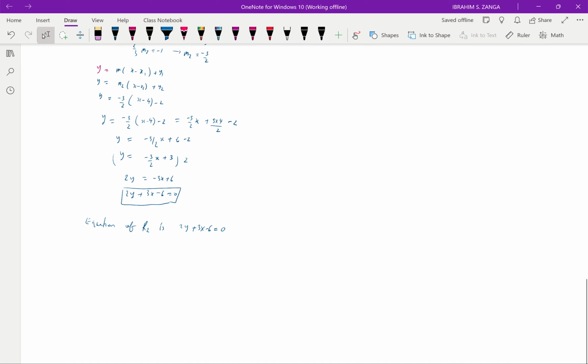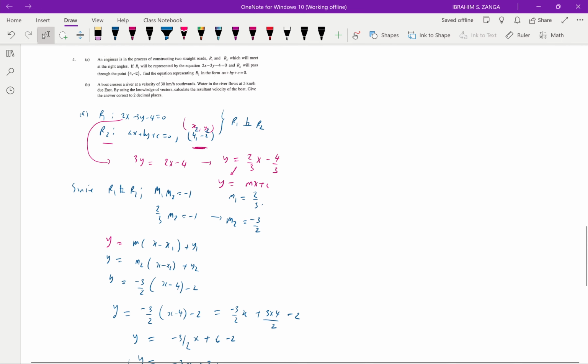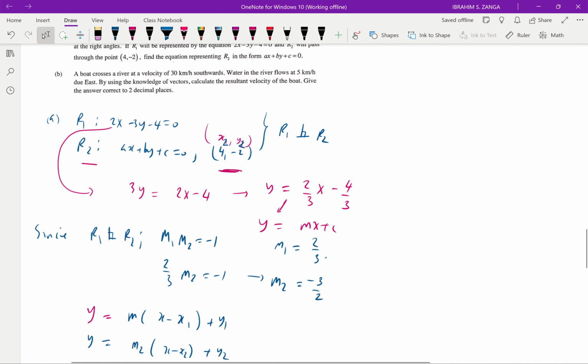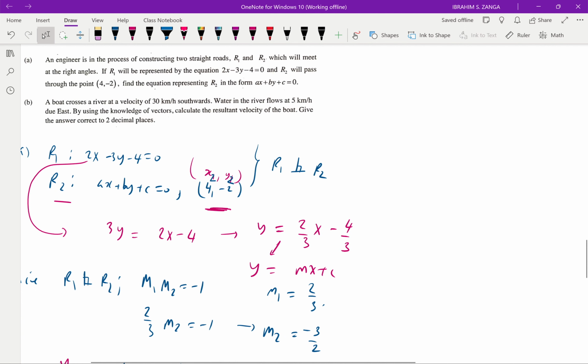We are going to proceed with part 2 of the question. We were told that a boat crosses a river at a velocity of 30 km per hour southward.